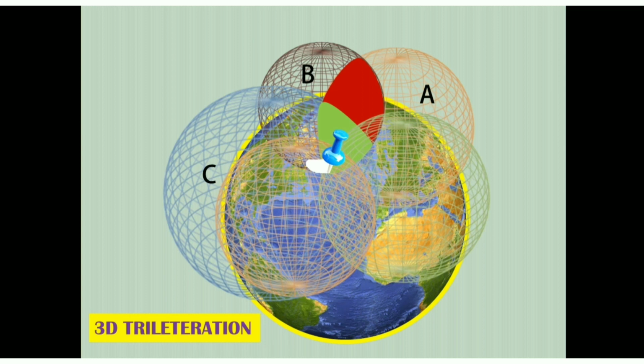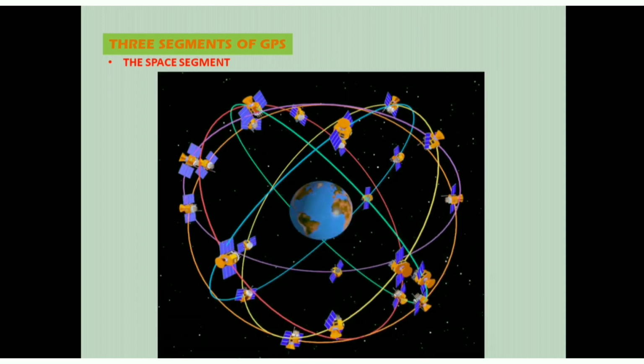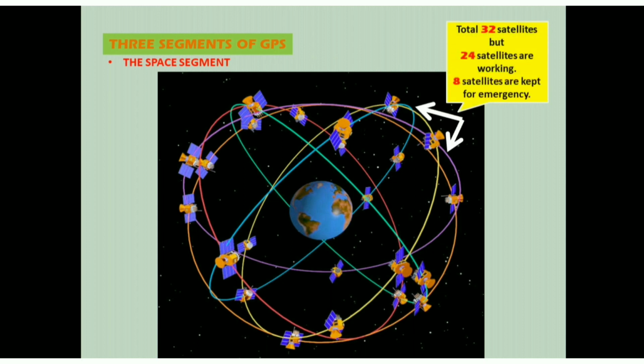So this is called trilateration, how GPS delivers signals to track location. GPS comprises 3 segments. The first segment is the space segment. From the word space, we can tell that it is obviously about the satellites. In space there are currently 24 working satellites in orbit, and there are a total of 6 orbital planes.